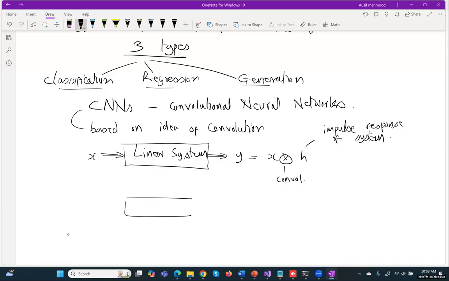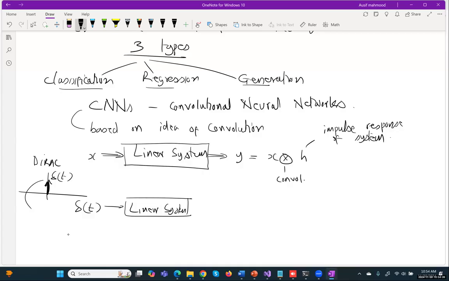Impulse response is if we take the same linear system, and we give it an input of delta t. Delta t in math is, there's a very famous mathematician, Dirac, and he came up with this concept of delta. So delta t is a very simple function.